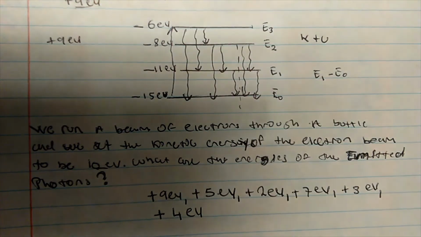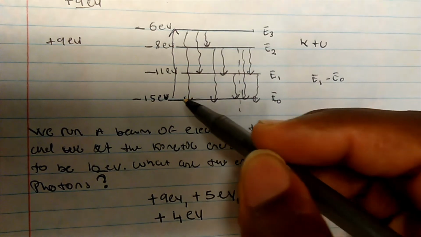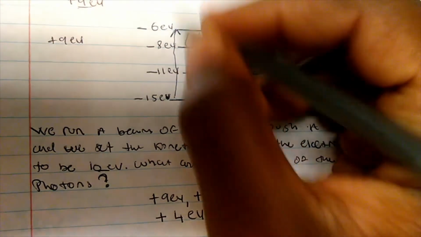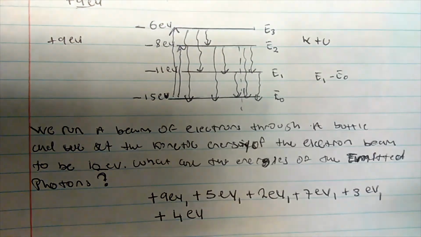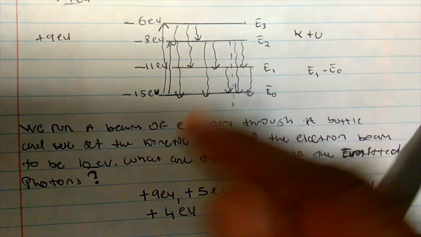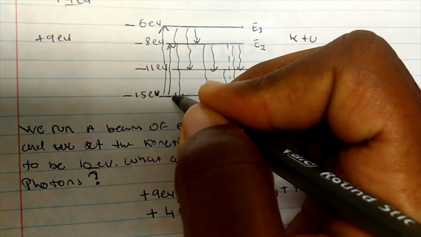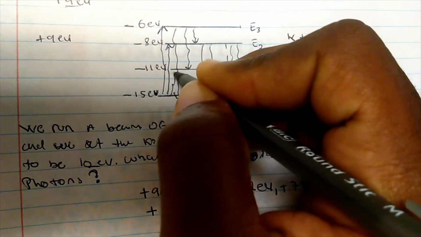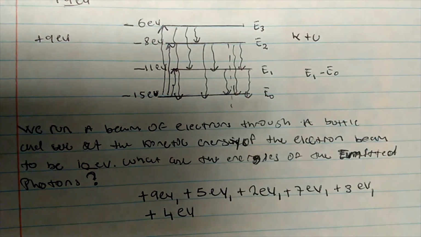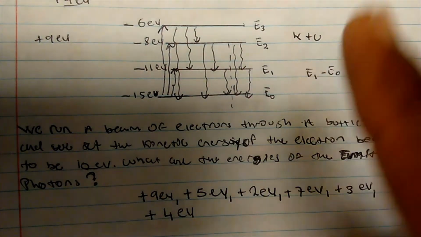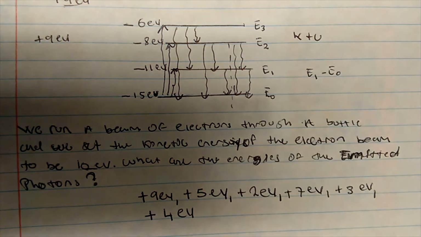So that's 1. I could also get absorption from the ground state to the second highest one. That's 2. And from the ground state to the third highest one. And those would be the only absorptions that we get. And so I will actually see 3.